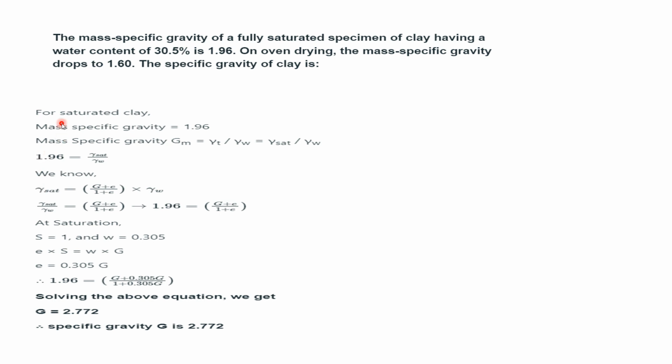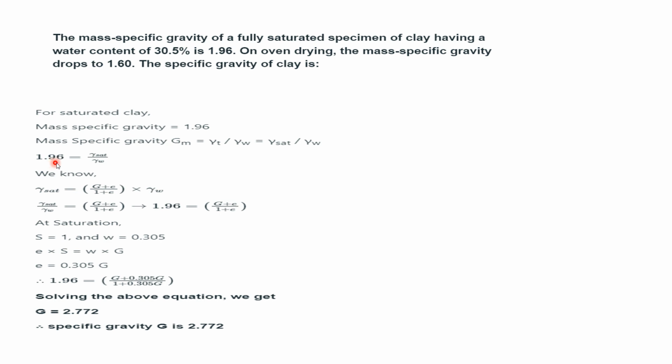So for a saturated clay, that means the soil is fully saturated, all the voids are with water. Mass specific gravity is 1.96. So the mass specific gravity here, denoted by gamma bulk by gamma w, is also equal to gamma saturated by gamma w. Gamma w is the unit weight of water, and gamma sat is the unit weight of saturated soil.